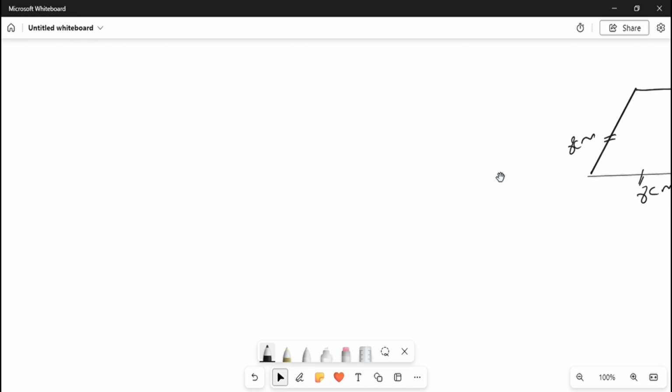Now if you look at this figure, this is 8 centimeter, this is 10 centimeter.